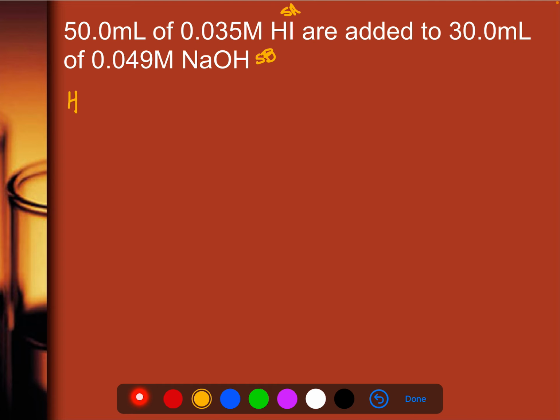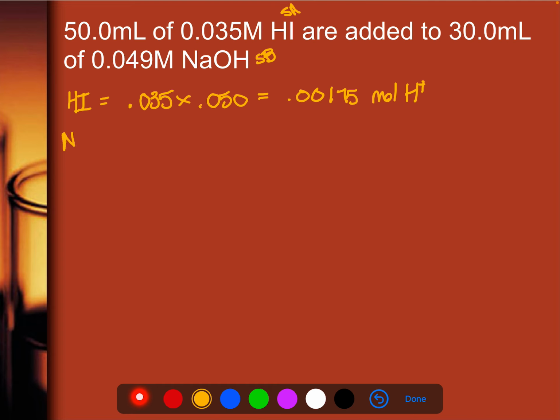So we said for these, we still have to find moles of our ion for both of them. So the hydroiodic acid, its molarity times volume, so molarity is 0.035 molar, times our volume is 50 milliliters, so 0.050 liters. This is 0.00175 moles of hydrogen ions.